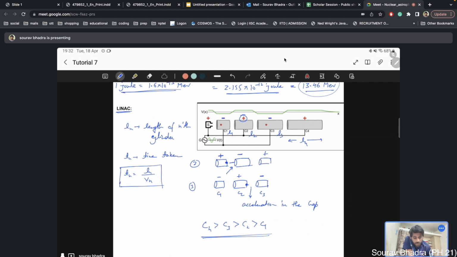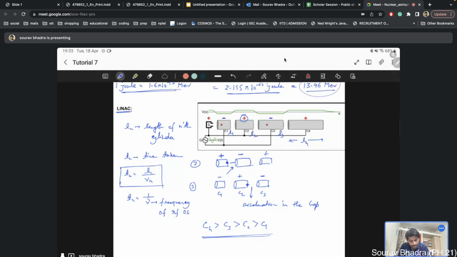Okay, so in that cyclotron case, I have told you that the frequency of the revolution of the particle should be equal to the frequency of the RF oscillator, which changes the polarity of the D's. Here the resonance condition is that Tn should be equal to 1 by nu, where nu is the frequency of the RF oscillator, which changes the polarity of the electric field.